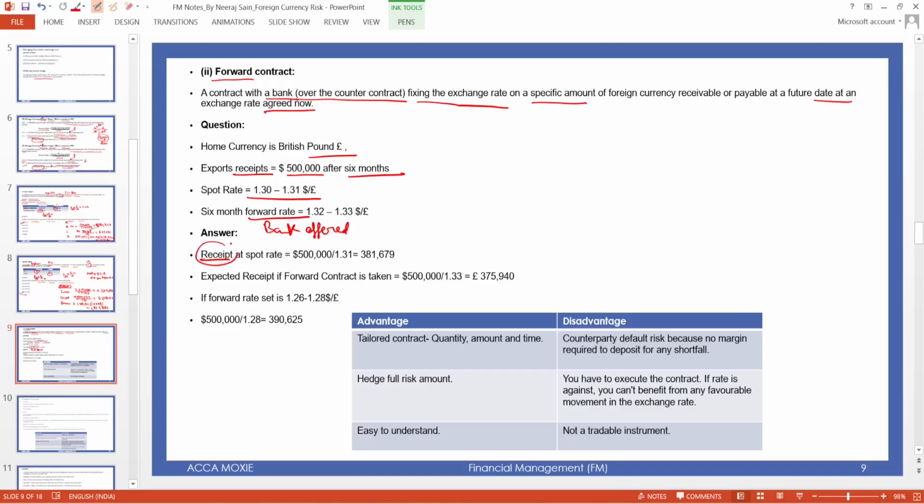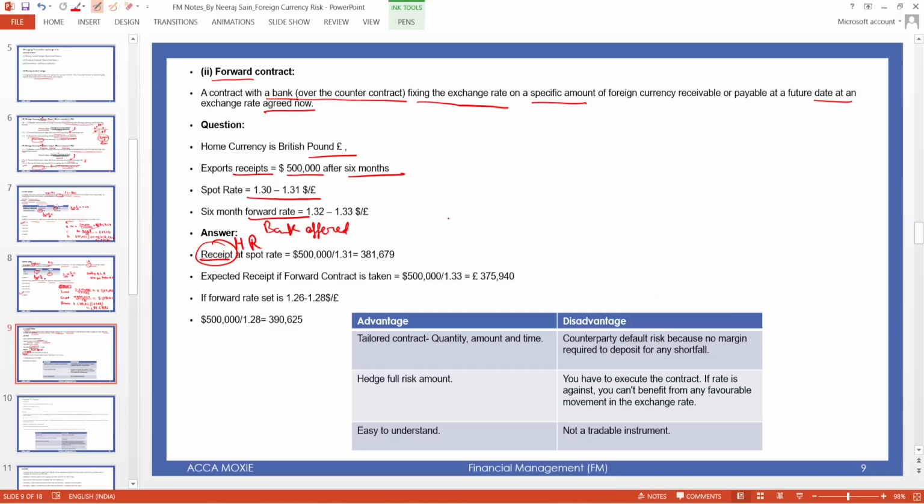Because we are receiving, we always use the higher rate. Remember, because when we use the higher rate, the amount we are receiving is less. In receipt we receive less, but in payment we pay more.